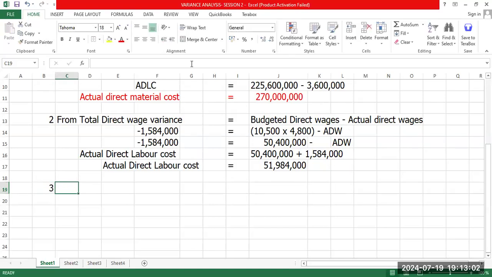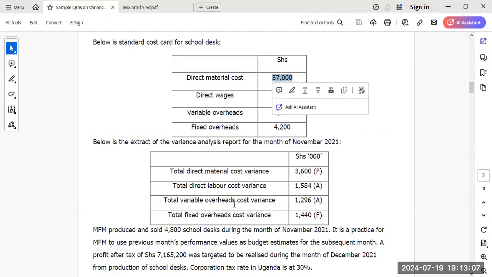Then note, working number three is to get actual variable overhead costs. How do we get actual? Remember here they told us they are planning to incur this as variable overheads on every school desk.